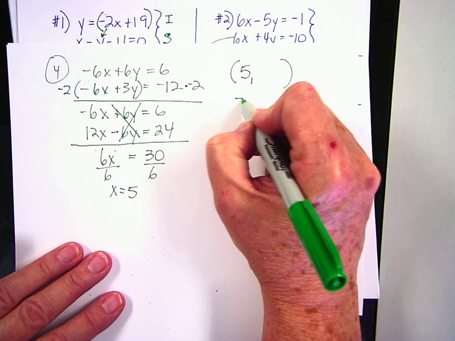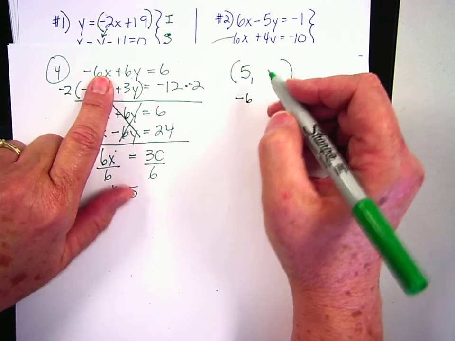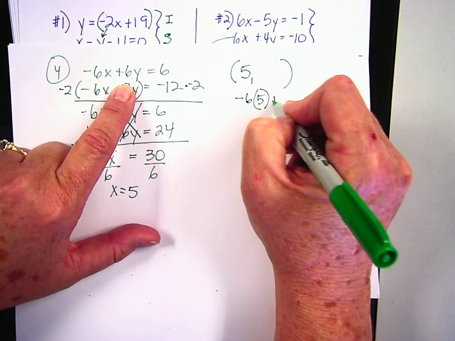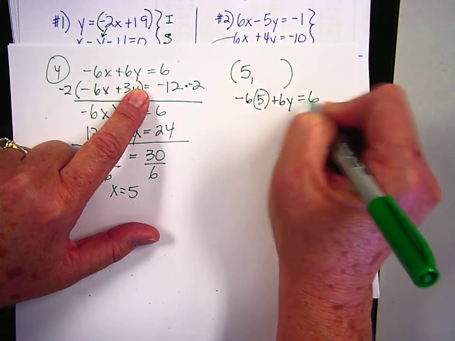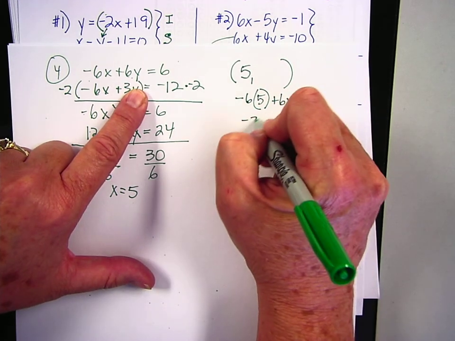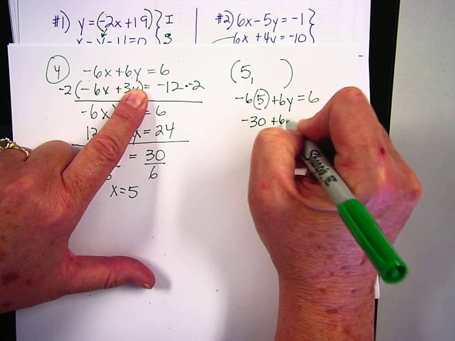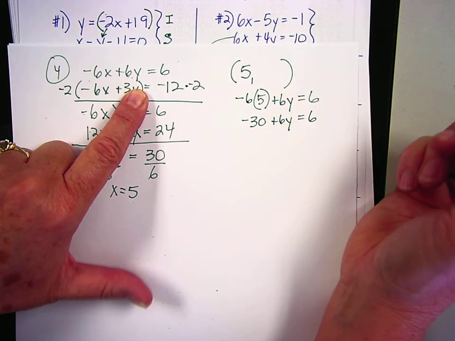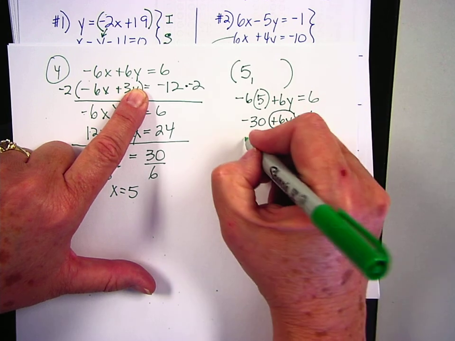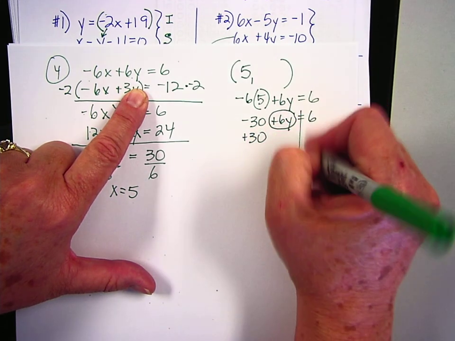So I have negative 6 times x, which I think is 5, plus 6 times y equals 6. I don't know what y is, but that's what we're going to find out. This is negative 30 plus 6y equals 6. I want to get my y's alone. I'm down to one variable, so I'm going to add 30 to both sides.